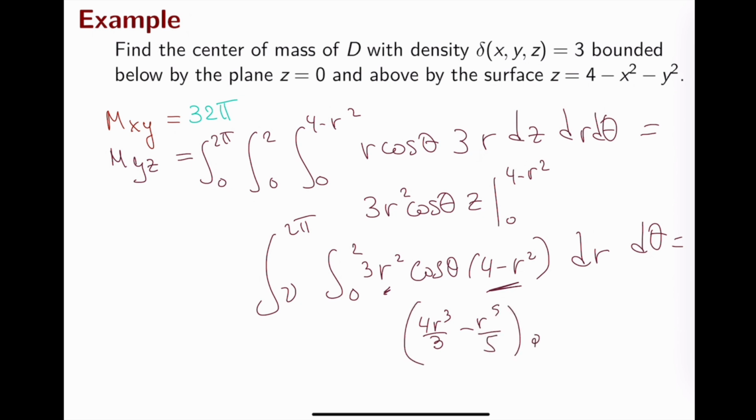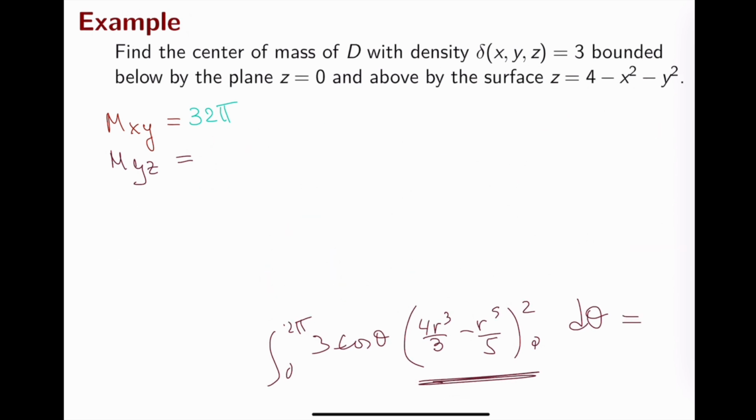And this should be evaluated between 0 and 2, and we have outside the cosine, and we have outside also the 3. And this will be evaluated between 0 and 2 pi. So when we evaluate this function between 0 and 2, we will get a number, and we have a number here, and we have cosine here.